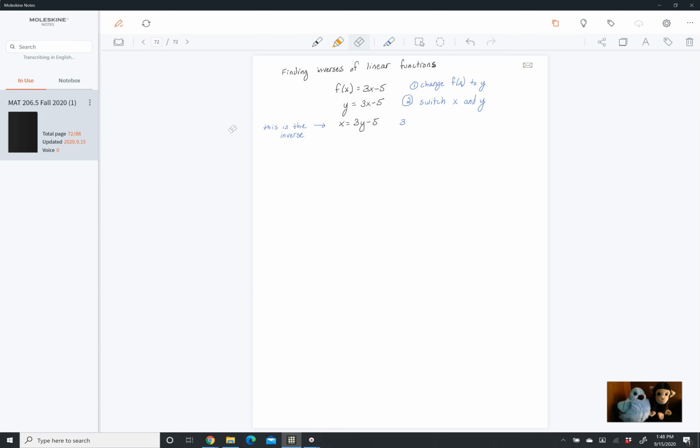So now our last step is just to solve for y. Because then we can actually graph it. We're adding 5 here. We get x plus 5 equals 3y. And then we can divide both sides by 3.